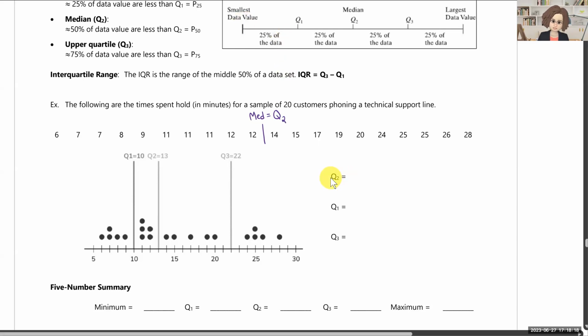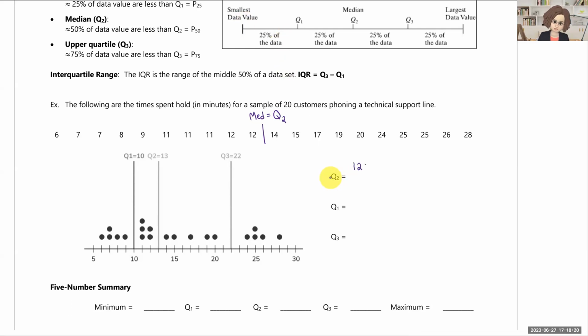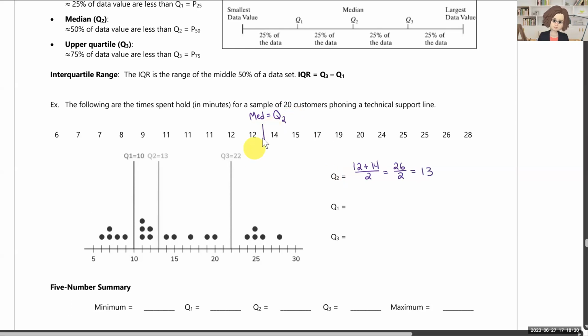Let me find that value. We're just going to average those 2 middle numbers, so add and divide by 2. That will be 26 divided by 2, or 13. So we've got 10 numbers to the left of it and 10 numbers to the right of the median. To find the first quartile, all we have to do is find the middle of the values to the left of the median.